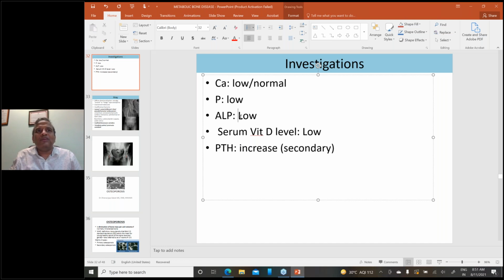So the bone is inherently weak. With a small fall, the patient can develop a fracture in the distal radius, or in the neck of femur or trochanter. So that is fragility fracture.